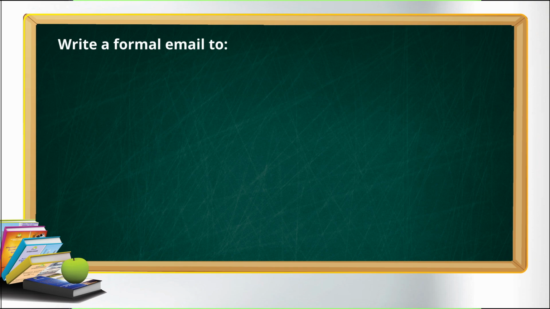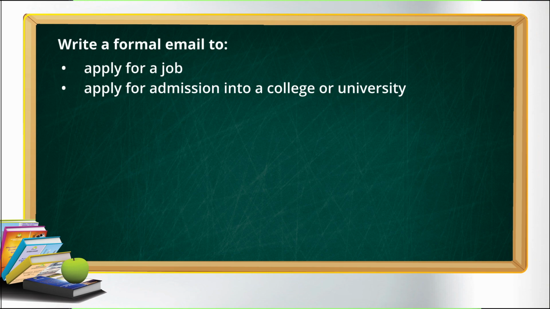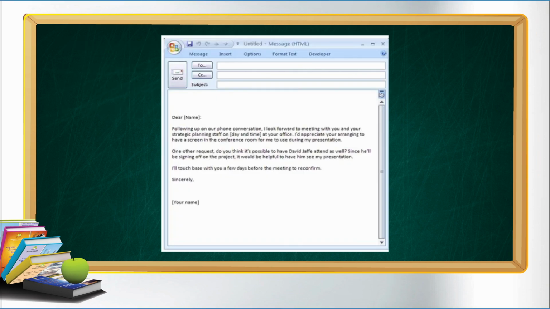Well, formal in this case refers to an email which you will write, for example, to apply for a job, for admission into a college or university, to launch a complaint, and so on. In such emails, you use formal language.